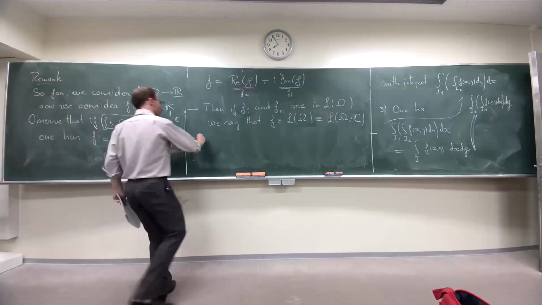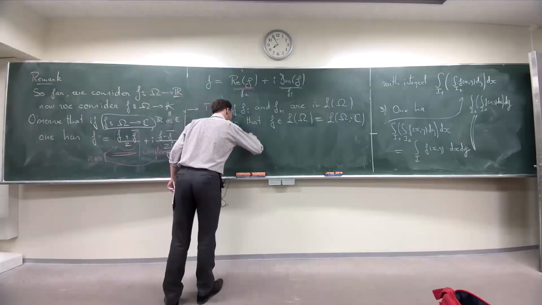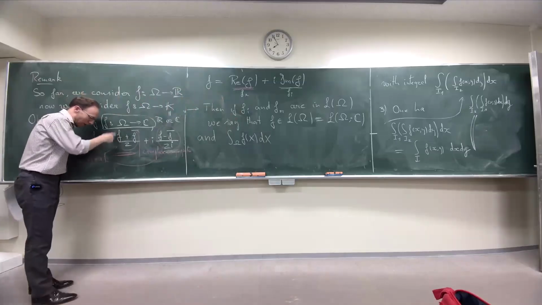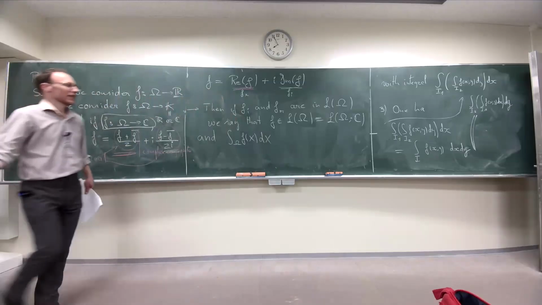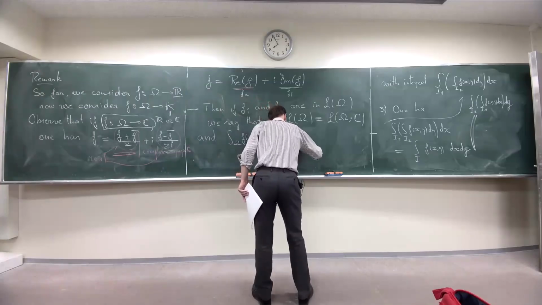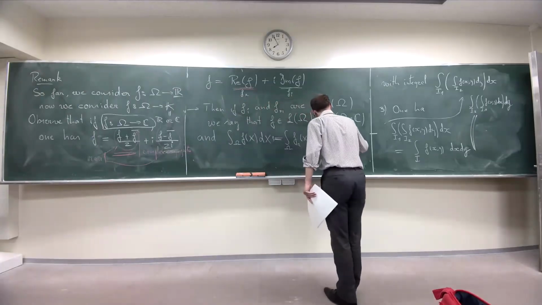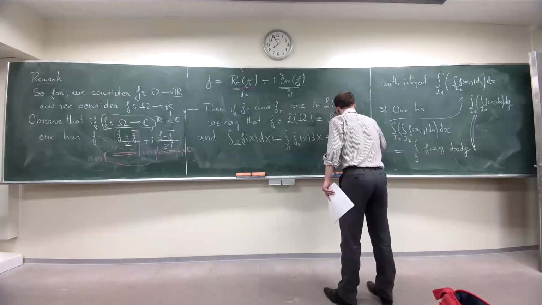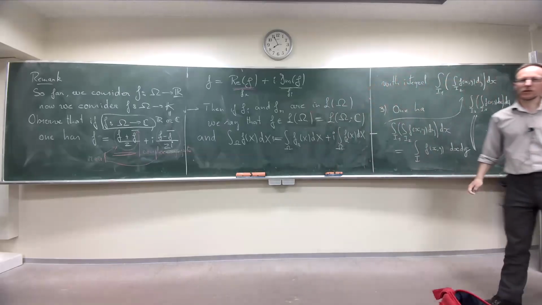And what is the integral on omega of f of X dx? Because it's a sum of one real function plus I times a real valued function, this is by definition the integral of the real part of f of X dx on omega plus I times the integral on omega of the imaginary part of f of X dx. So nothing very surprising.